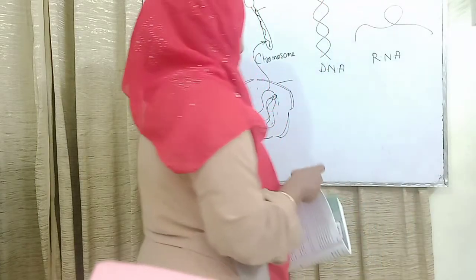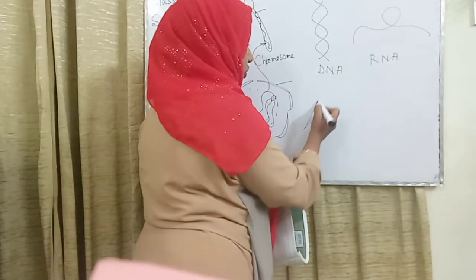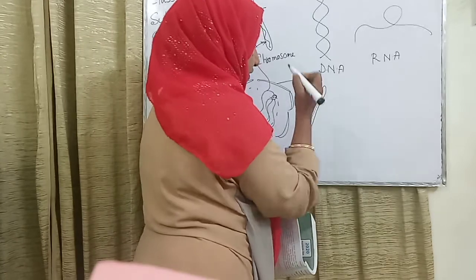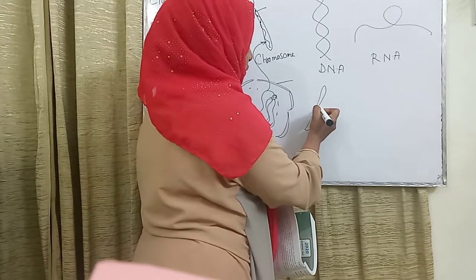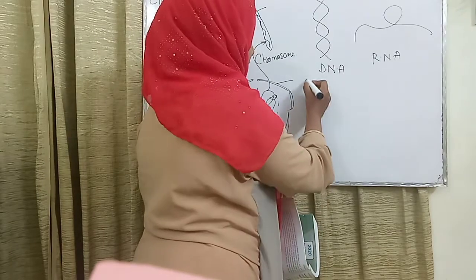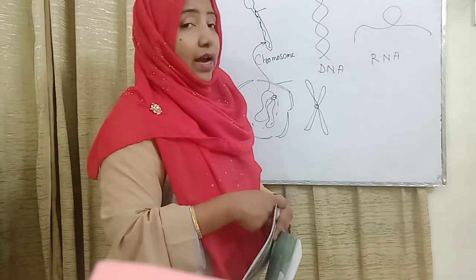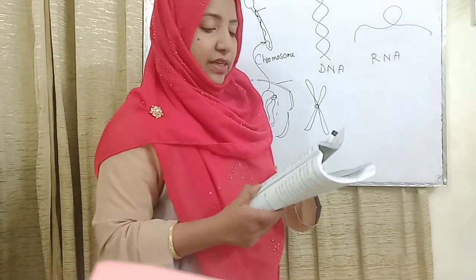Again, I draw the chromatid. What is the meaning of chromatid? This structure is the chromosome, and when the centromere is there, this structure is the chromatid, the forearm structure.